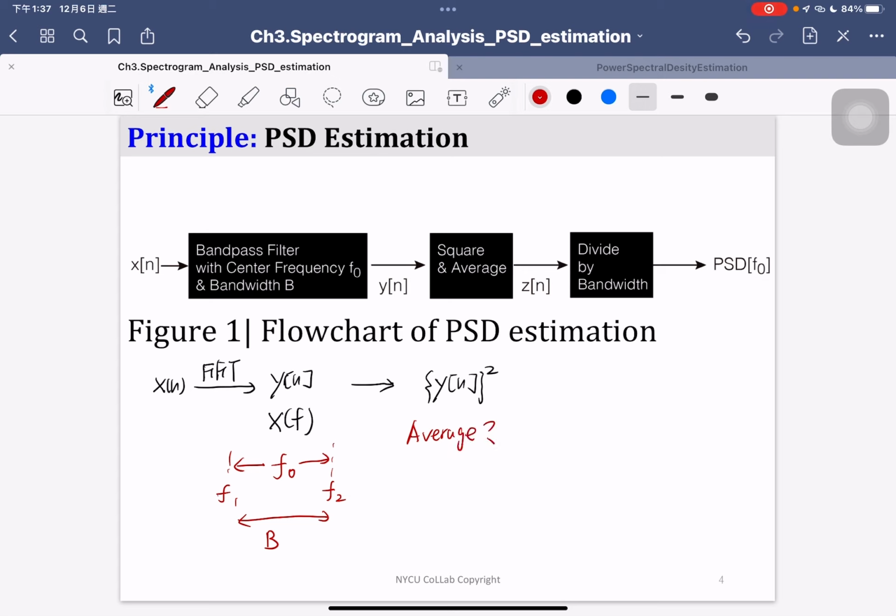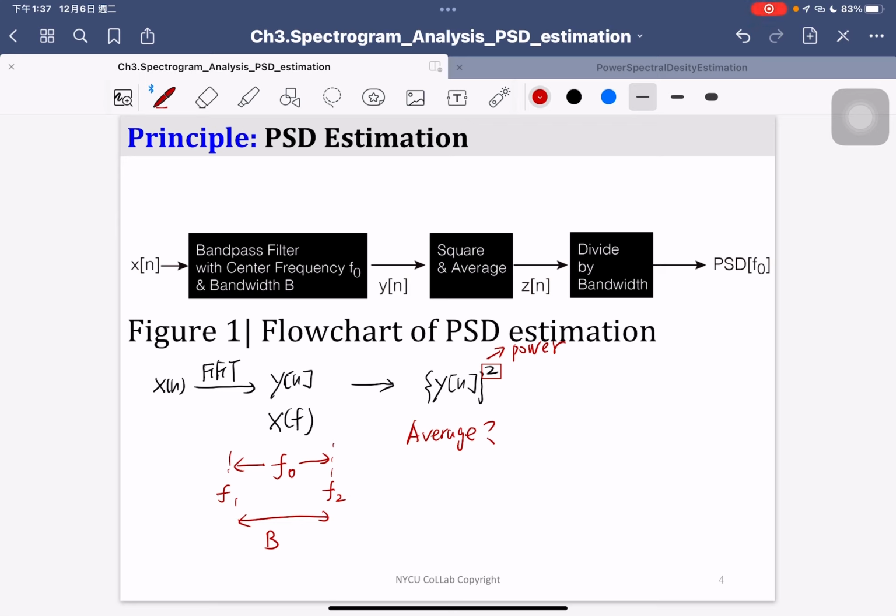Here we didn't know why we need to do the average and how we can do that, so I put the question mark here. But we know that when we talk about the square of some amplitude, you should know that it is the power. Because here is the square, we can call that the power. And what kind of power do we have here?